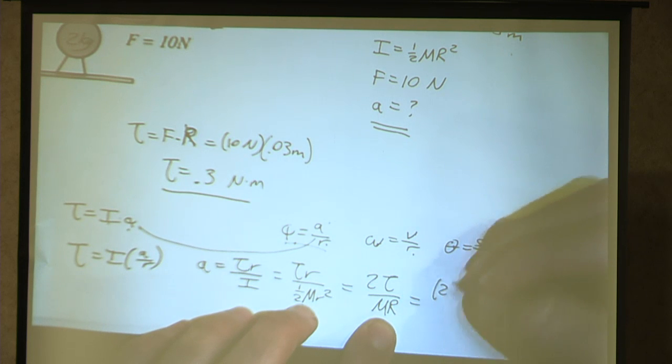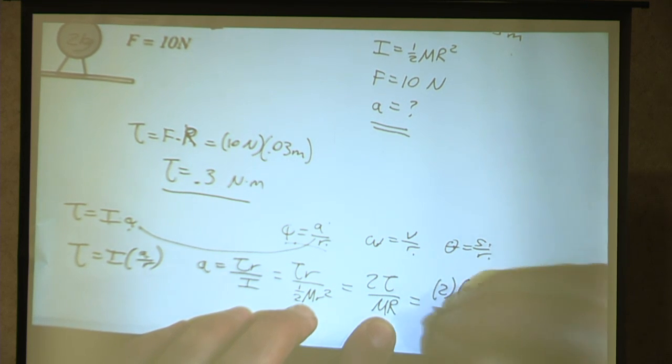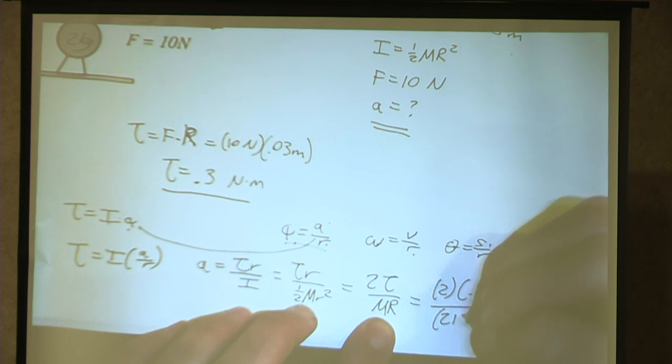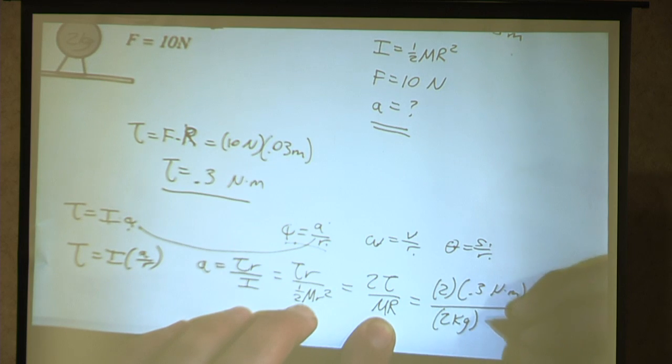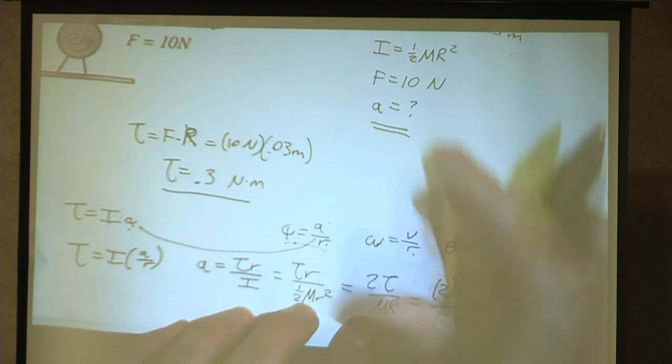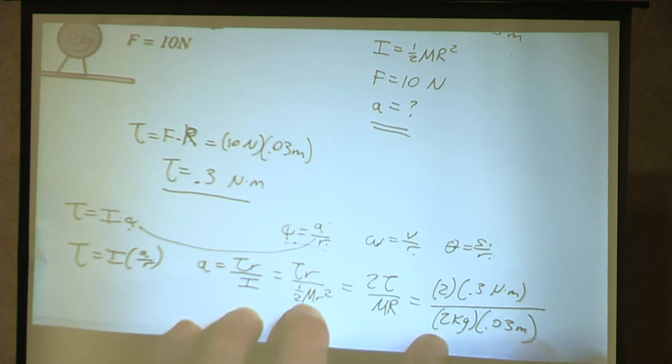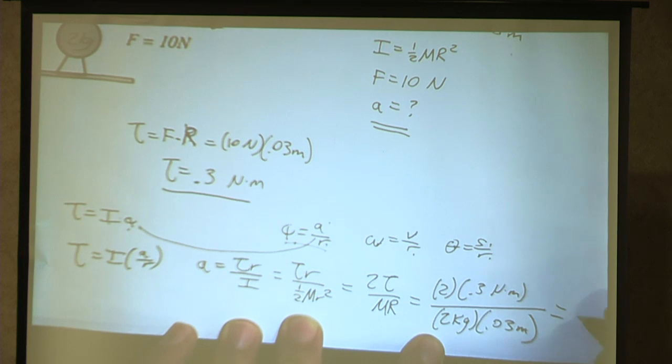We have 2 times 0.3 Newton meters over 2 kilograms times the radius, 0.03 meters. This gives us an acceleration of 10 meters per second squared.